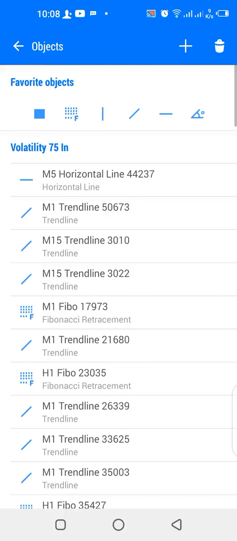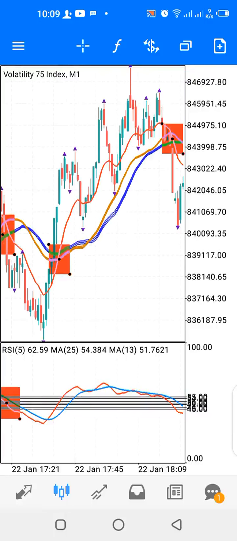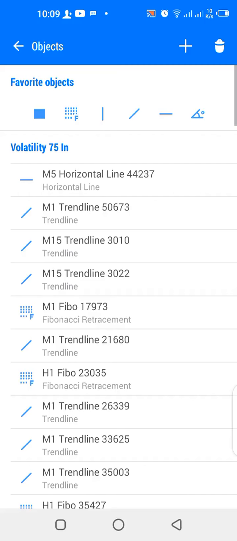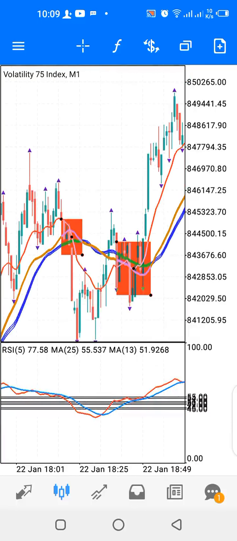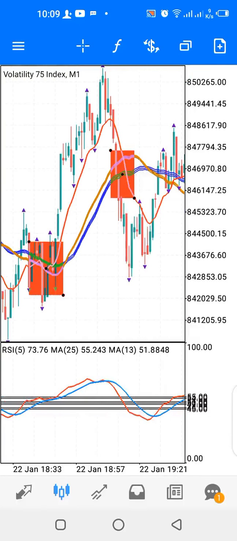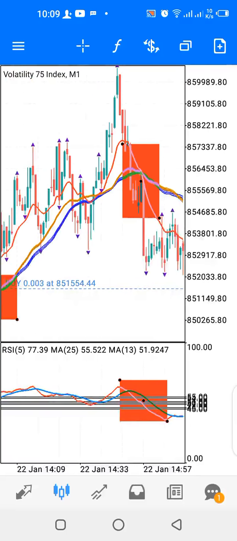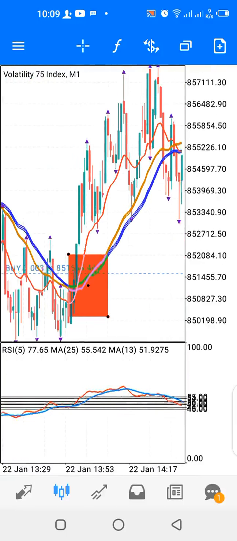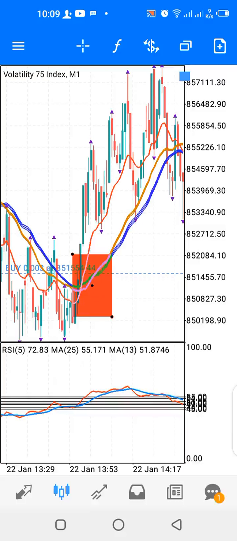They cross down, downtrend; cross up, uptrend; down, downtrend; up, uptrend. So that's basically how to use the indicators on indicator window 1.